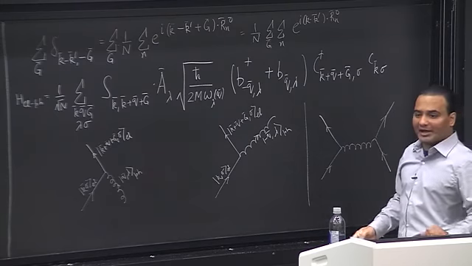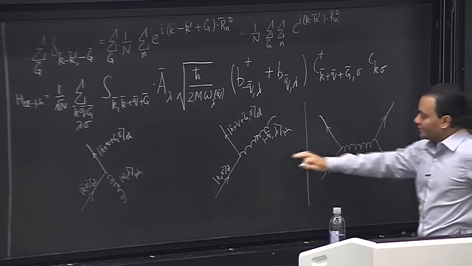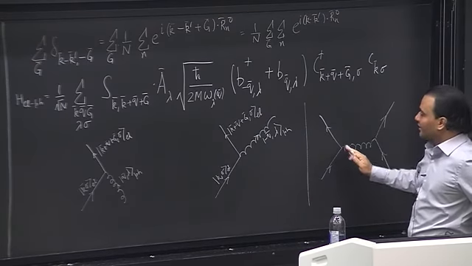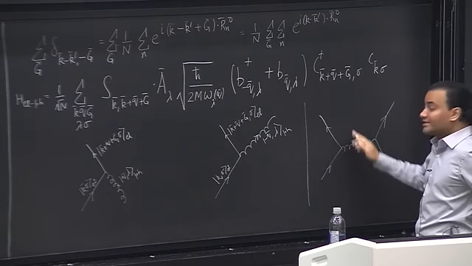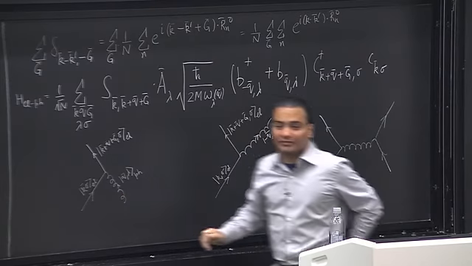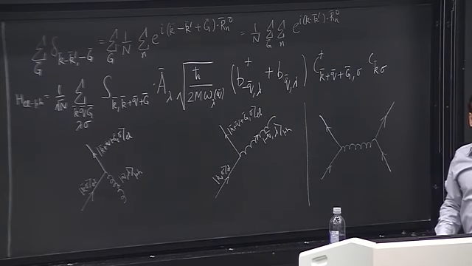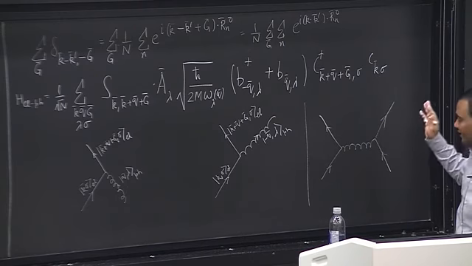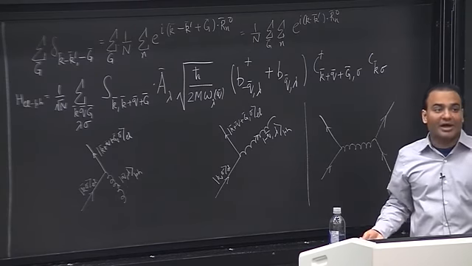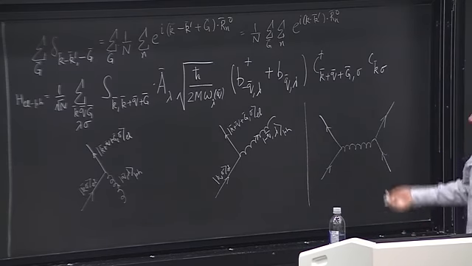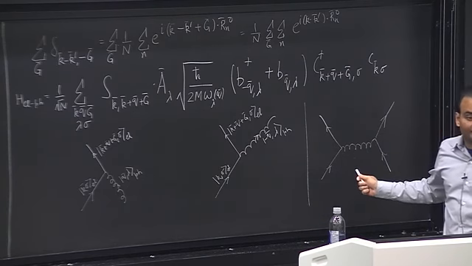and so you have two electrons coming in, two electrons going out. The first half is this: an electron comes in, it scatters into another electron and emits a phonon. The other electron absorbs this phonon and scatters into another electron. So if you integrate out phonons, this is an effective description of electrons interacting with other electrons, two-body interactions mediated by phonons.